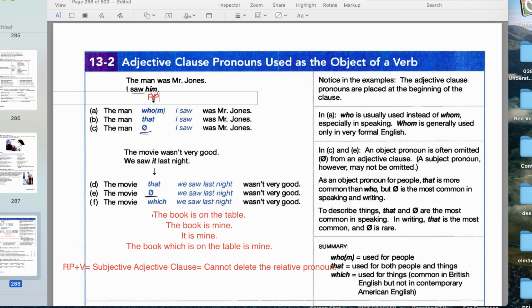So if we have relative pronoun plus either a noun or a pronoun, then the verb. So notice that a noun or a pronoun comes between the relative pronoun and the verb. This equals object adjective clause. And that equals can delete the relative pronoun.